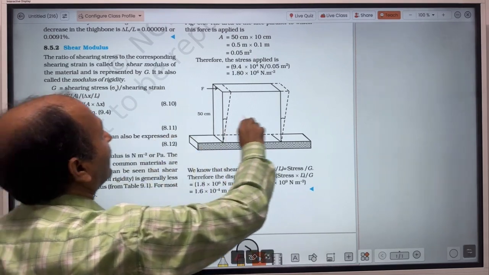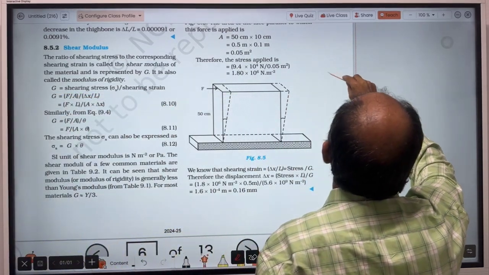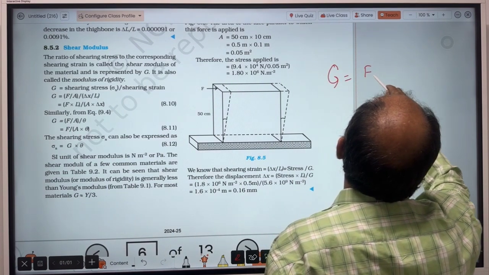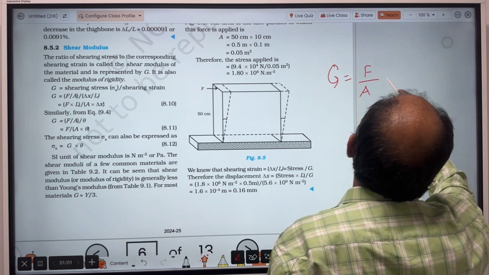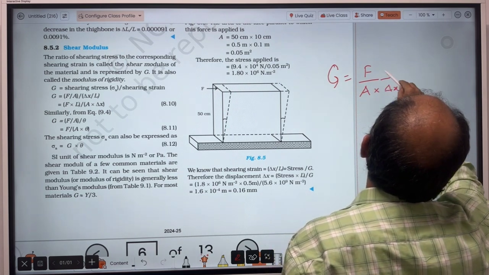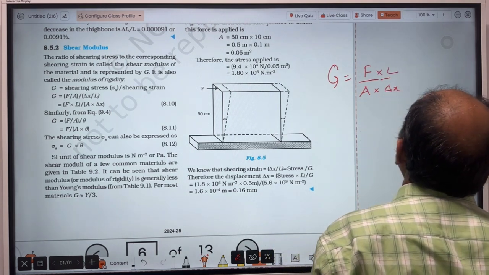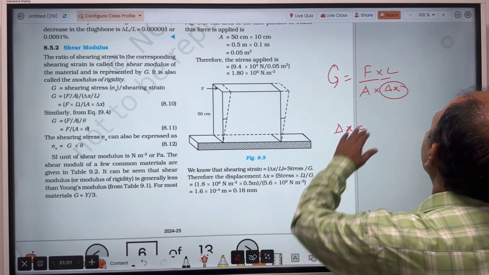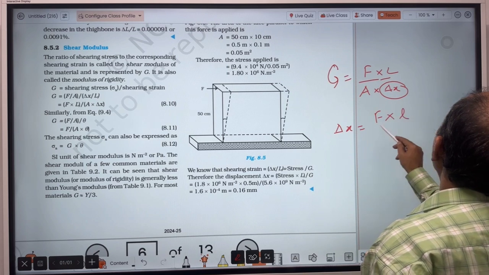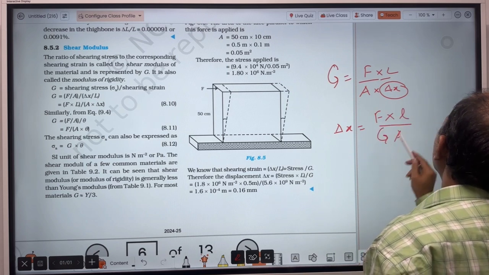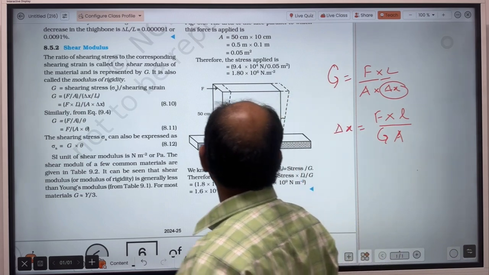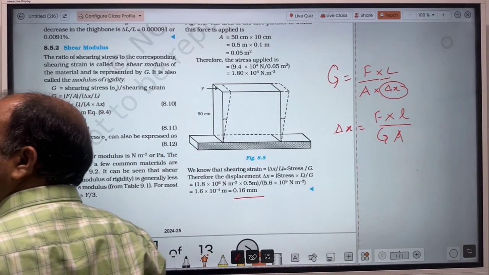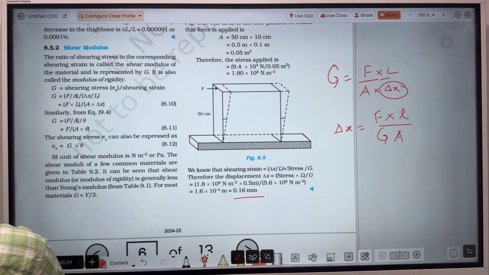What is the formula? You know, shearing stress, here shear modulus, say we write G, so force upon area times delta x upon L, right? Your concern is to get delta x. So delta x will be equal to F into L divided by G into A. And then after putting values, you will get this much, 0.16 millimeter. I think you have understood it.